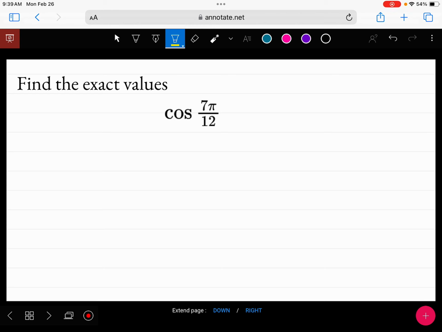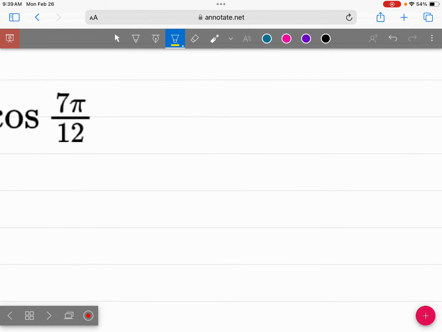What we need to do is break up 7 pi over 12 into things that we have on the unit circle. I know we do not have any fractions with a 12 denominator on the unit circle. So we need something that's going to simplify.